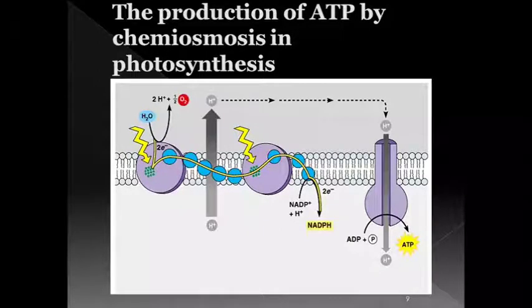Chemiosmosis takes place in the cell membrane of the bacteria, and here protons are pumped through special channels in the cytoplasmic membrane from the inner to the outer part of the membrane. Here it creates an electrochemical gradient. After the gradient is established, protons diffuse down the gradient through a transport protein called ATP synthase.